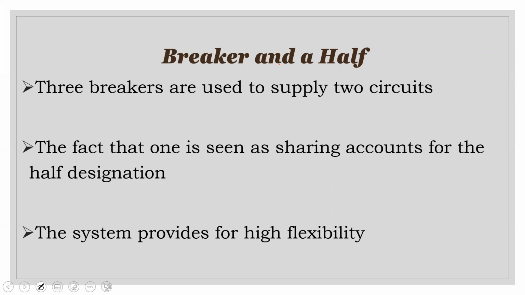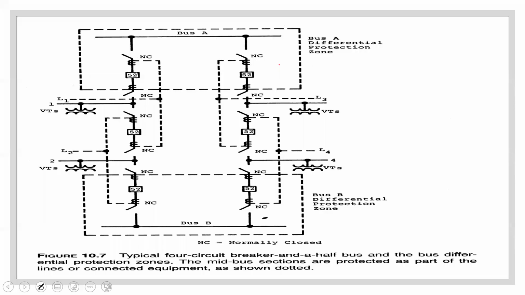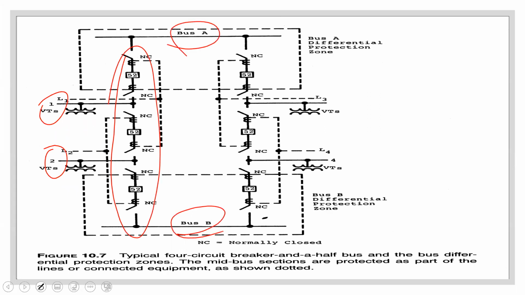So in terms of your figure, this is what it looks like. That's a breaker and a half. So you have two circuits, one circuit here, one there, and then these are the three breakers. You have bus A up here, you have bus B down there. And those three breakers would supply the units.